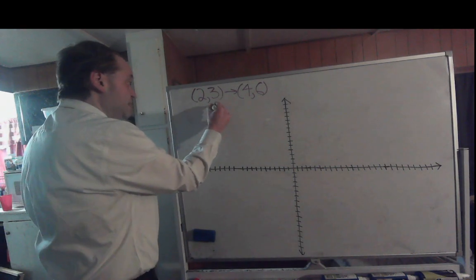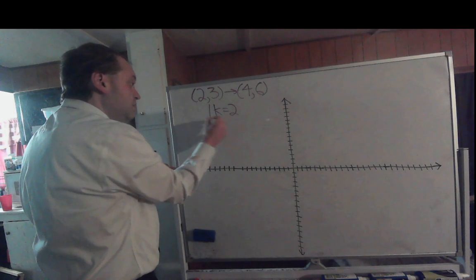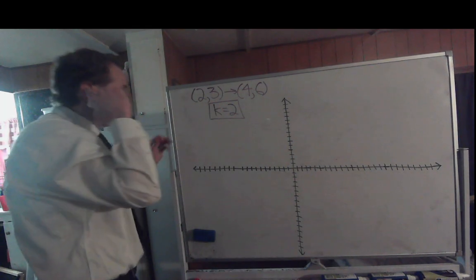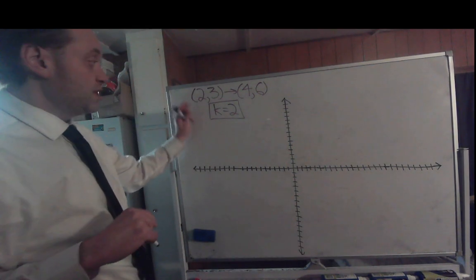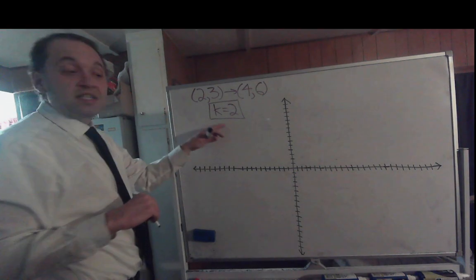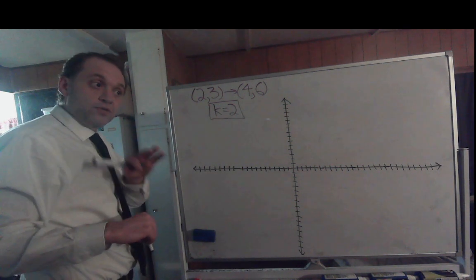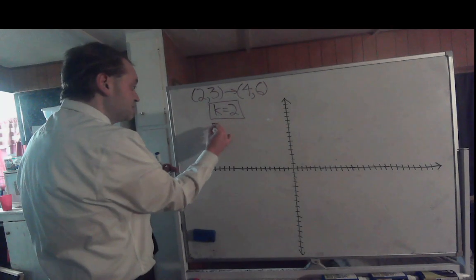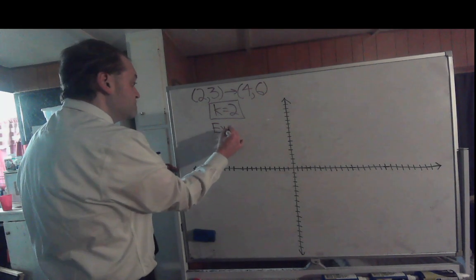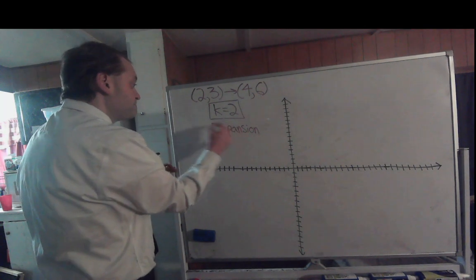So it looks to me that your scale factor, abbreviated K, would be 2. Take each of your x and y coordinates, multiply them by 2, and you'll get 4, 6. And is this an expansion or a contraction? Well, the absolute value of K is greater than 1, so this is also an expansion. Not as much as the last one, but it's still an expansion nonetheless.